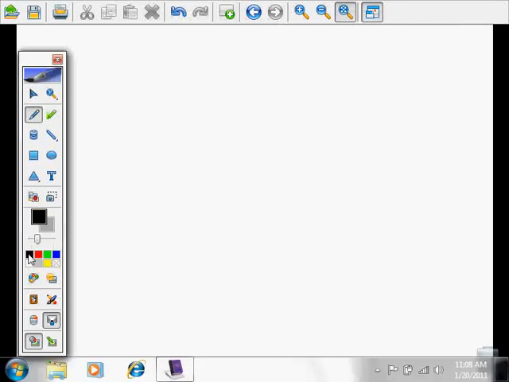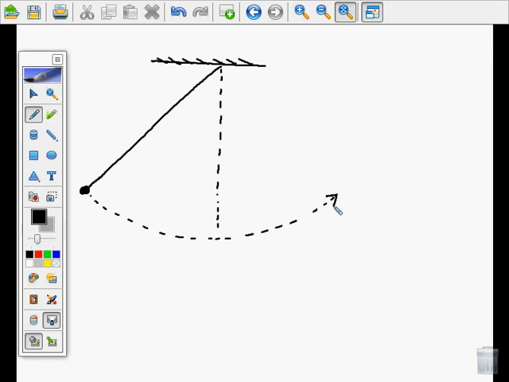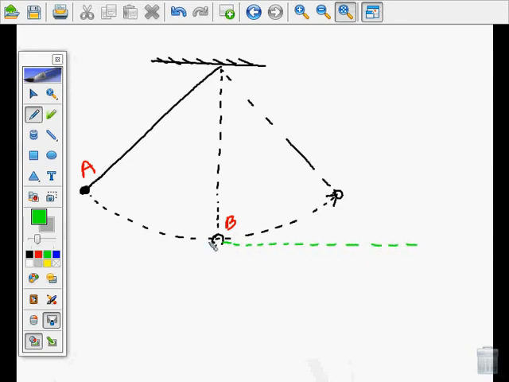Let's look at a pendulum. And let's say it's here at position A. And let's call this bottom point down here position B. And I'm going to call this green line here my reference line, where I'm going to arbitrarily choose that to be an altitude of 0.